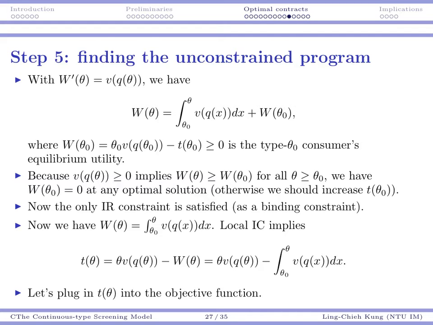And then from theta 0, I go up to theta. And throughout the path, I collect all the increments I should get. Here, this guy is W prime of theta. So again, you are applying the fundamental theorem of calculus.